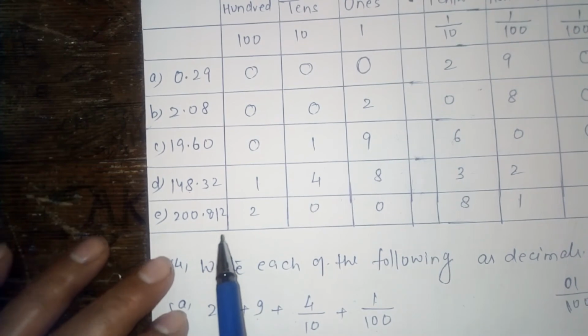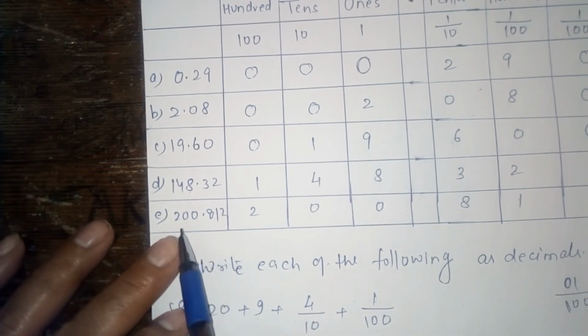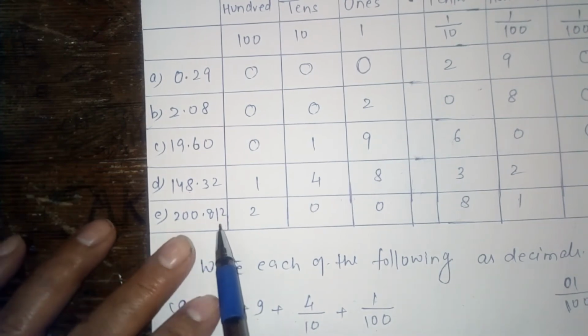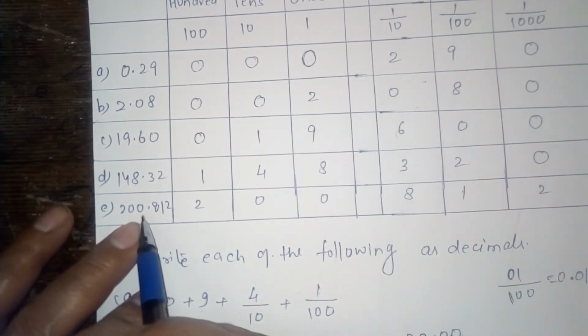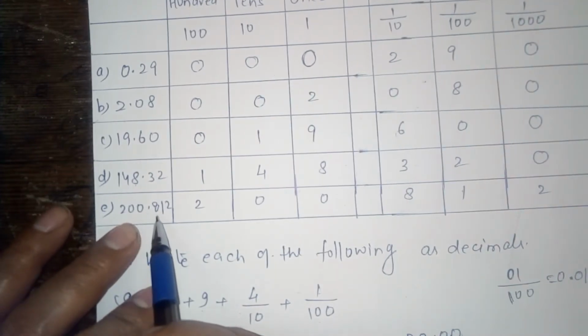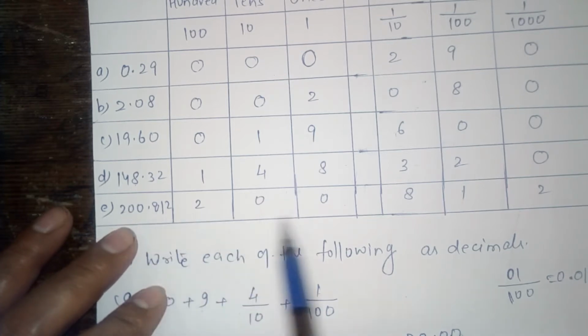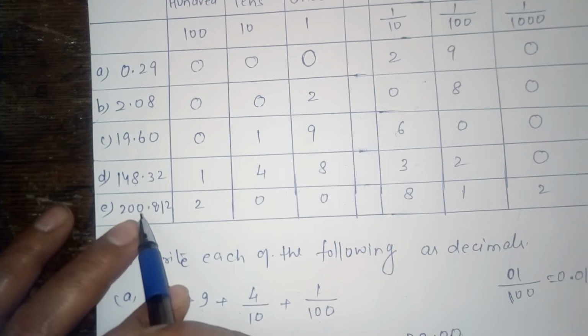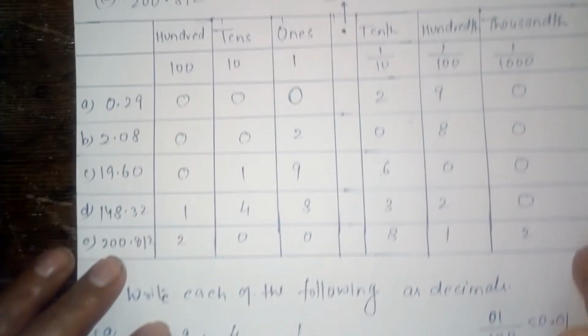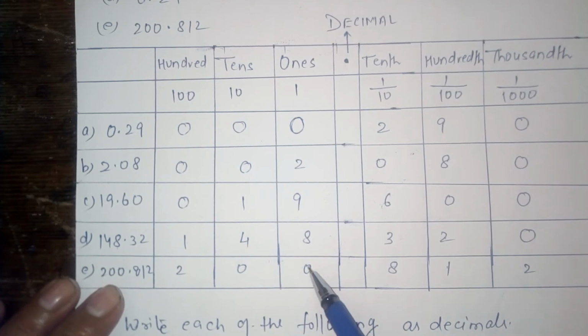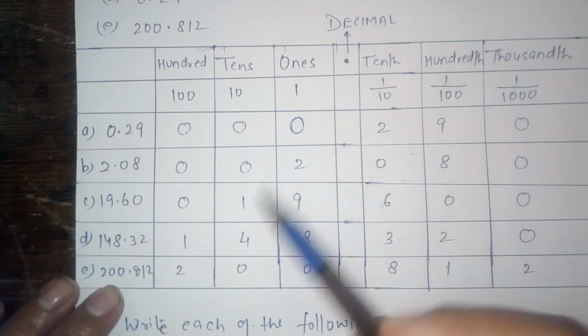Then the next decimal number is 200.812. We will arrange this decimal number in the given place value table. This is 0, so 0 will be in the ones place.